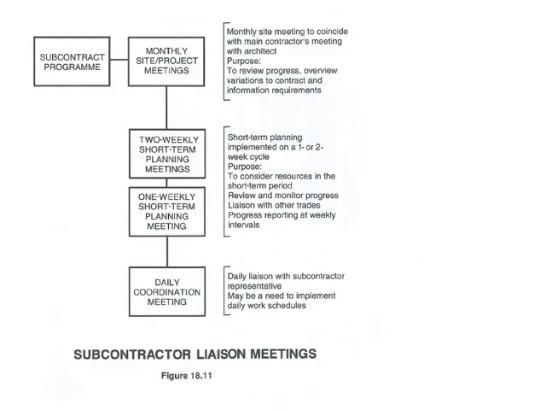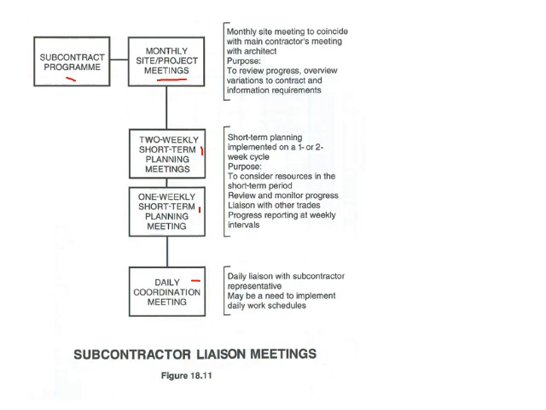Okay, then subcontractors liaison meetings. You've got your program, monthly progress meetings, 2 weekly short-term planning meetings, 1 weekly meeting, and then daily planning. Your monthly site meetings coincide with main contractor meetings with the architect. The purpose is to review progress, overview, variations, basically reporting to management.